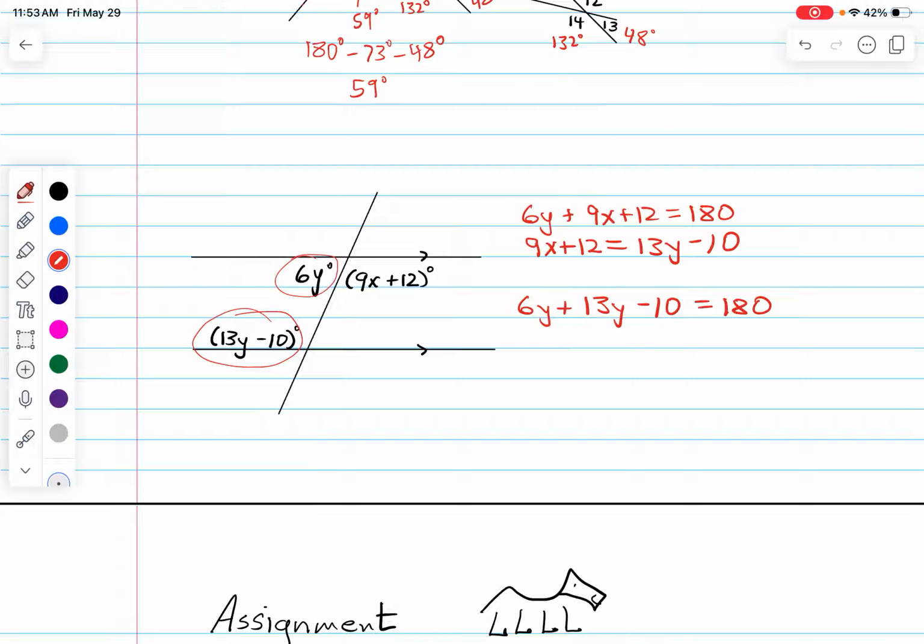So if I solve those, let's see what I got. I got 19Y minus 10 equals 180, and that will be 19Y equals 170. And then I can take 170 and divide it by 19.